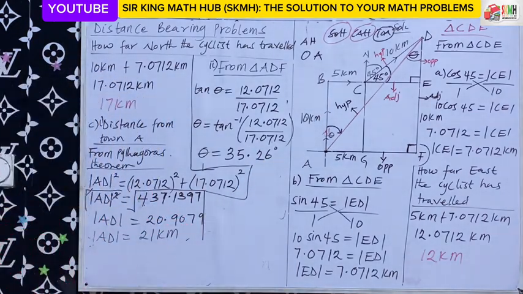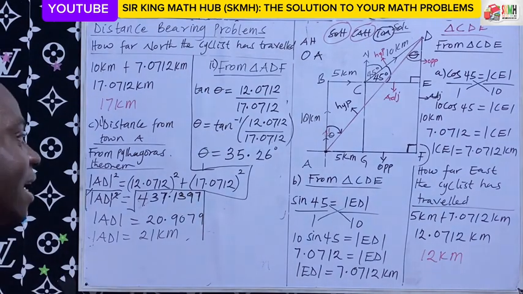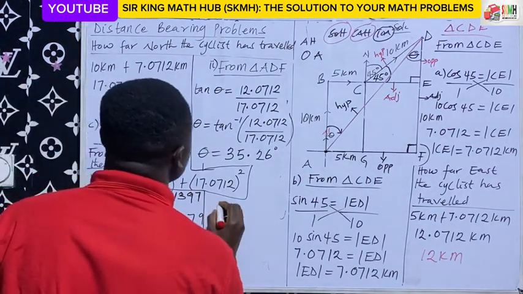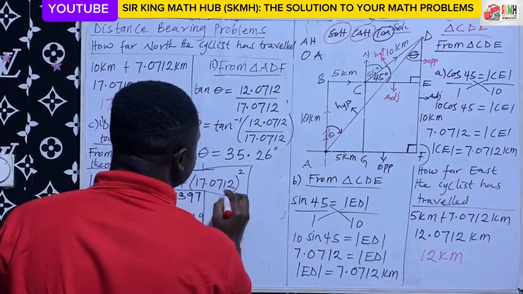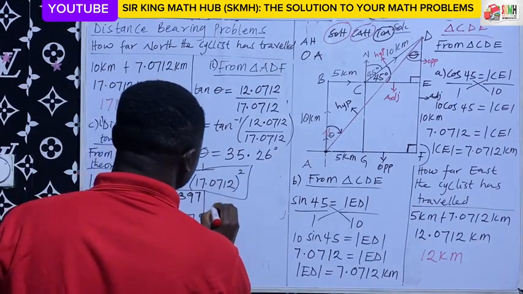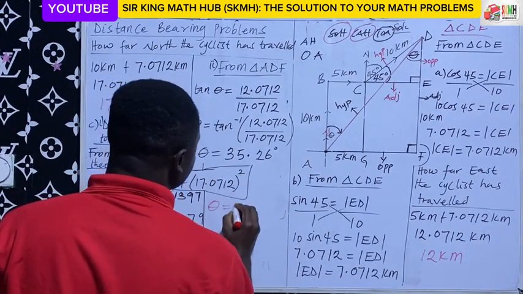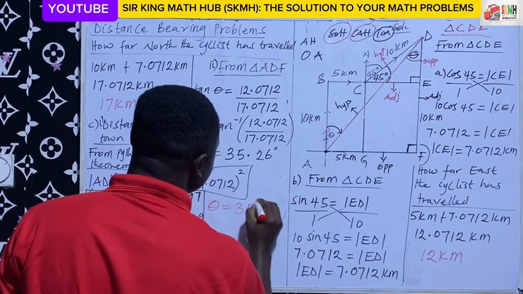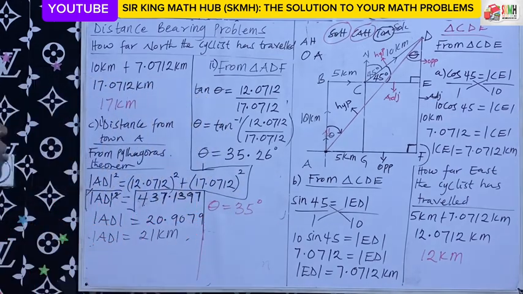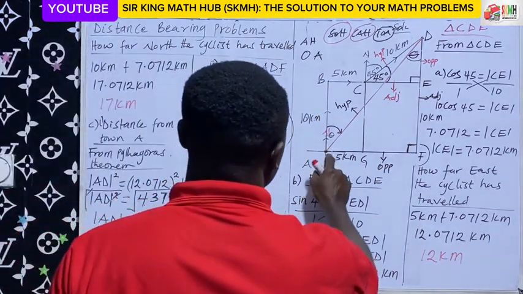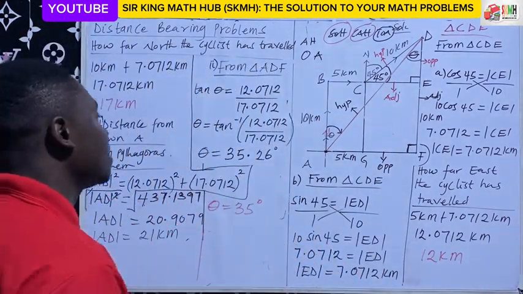Don't forget that we are asked to correct our final answer to the nearest degree. So to the nearest degree, theta becomes 35 degrees. So that is the cyclist bearing of his final destination from town A. So that is what we have done.